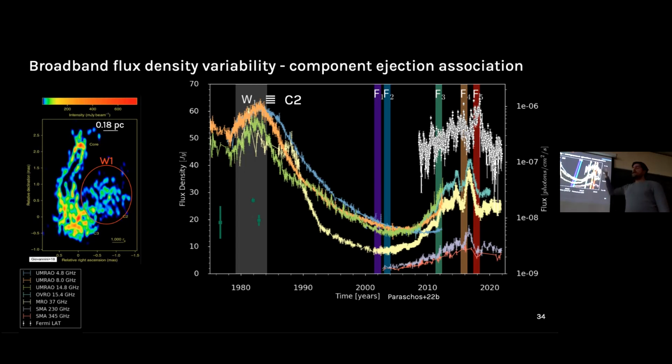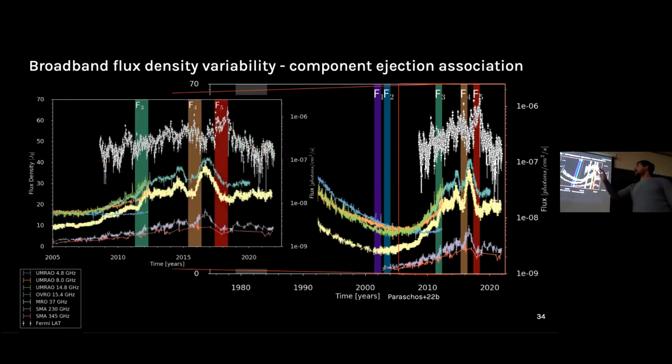However, if we zoom now into the more interesting region where F3, F4, and F5 are, we can see that F3 seems to correspond to the onset of the flare in the radio flux, and the same goes for F4. But F5 seems to be on the decay of radio flares.